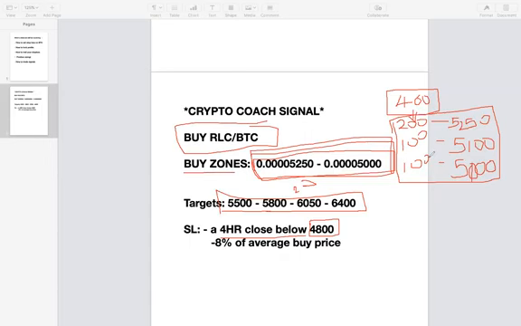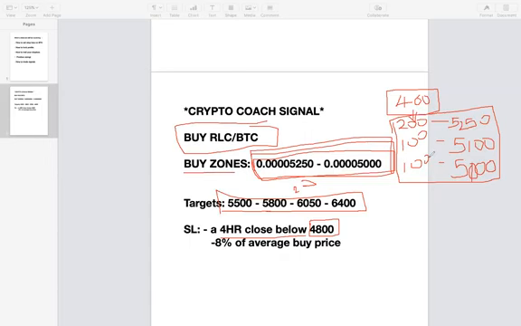So let's do this right now. You bought at 5,250, 5,150, 5,000. You add everything together, you're going to get about 15,350. I'm giving an example for somebody that followed this process to buy this particular signal.